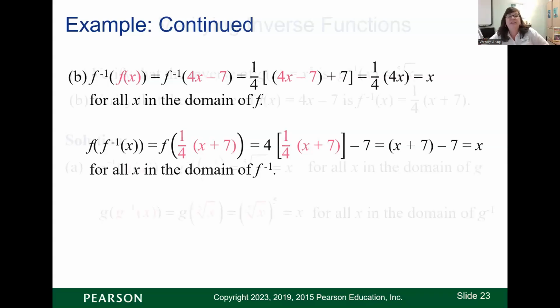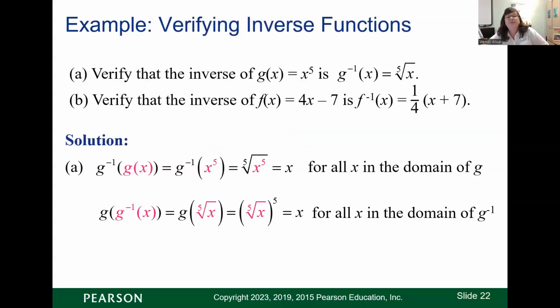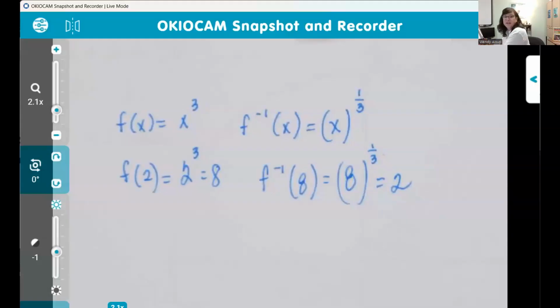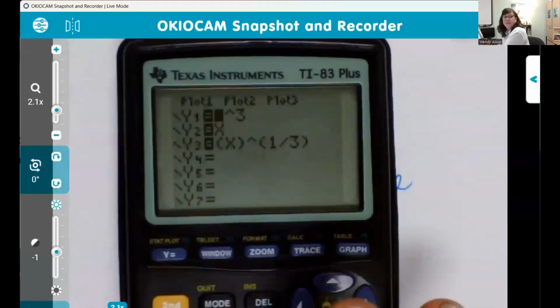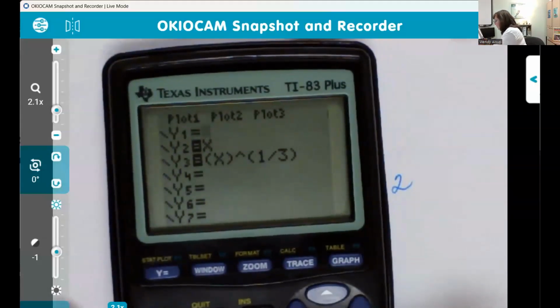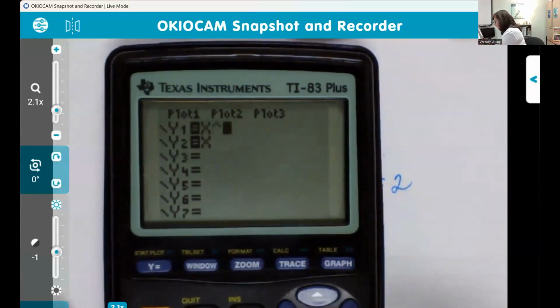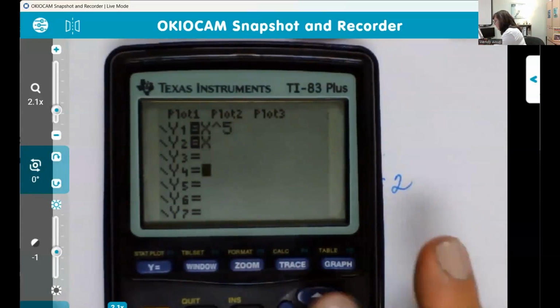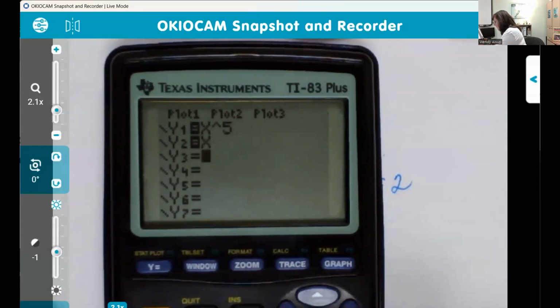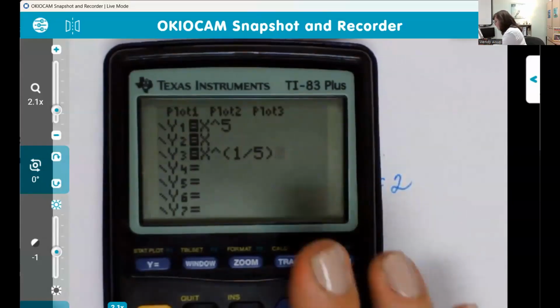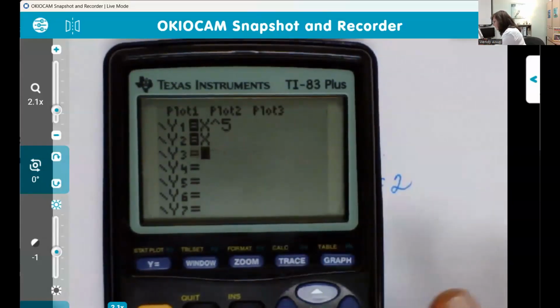Another way to look at these is to graph them. Let's graph both of these and show that they're inverses graphically as well. They're reflections across the line y equals x. I'm going to keep my line y equals x. The first one was x to the fifth, and its inverse was x to the 1/5, or the fifth root of x. Actually, I can do this another way.